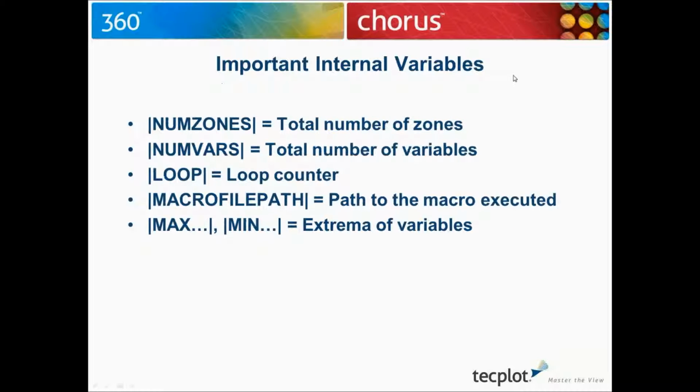Important internal variables are, for example, num zones, which is the total number of zones, and num vars, which is the total number of variables. Then we have loop, which is the loop counter. This variable is only defined if you are in a loop. And we have macro file path, which is very handy to use. This includes the path to the macro which is currently executed.